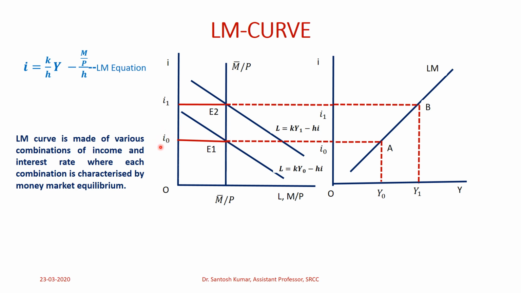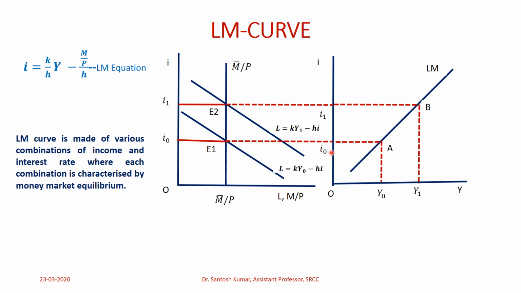therefore I naught is the equilibrium interest rate. Now this equilibrium interest rate is associated with Y naught equilibrium level of income, and this combination of interest rate I naught and Y naught we can show in the second diagram, right? So we just draw a dotted line here to identify the same level of interest rate, I naught, over here.